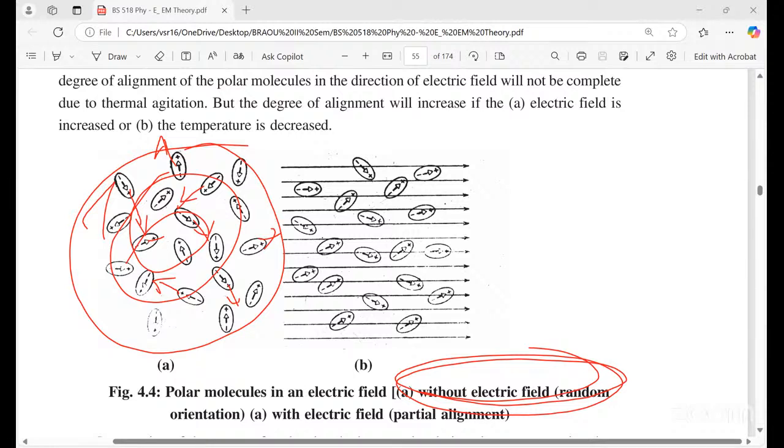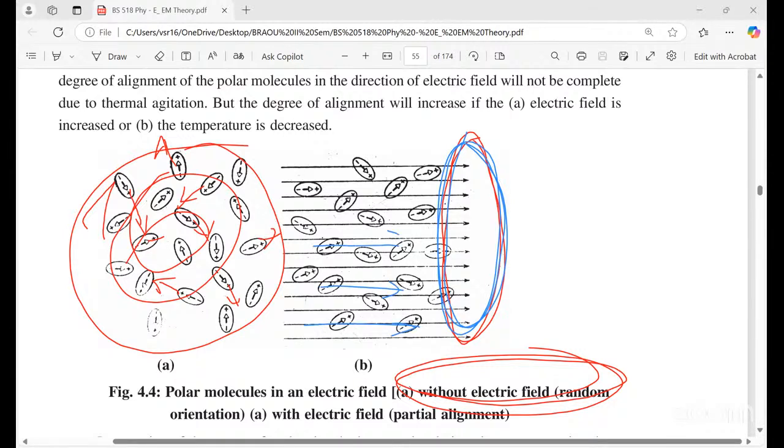Whereas if you apply an electric field, see that difference. What is the difference you can observe? Okay, so the orientation should be like this.